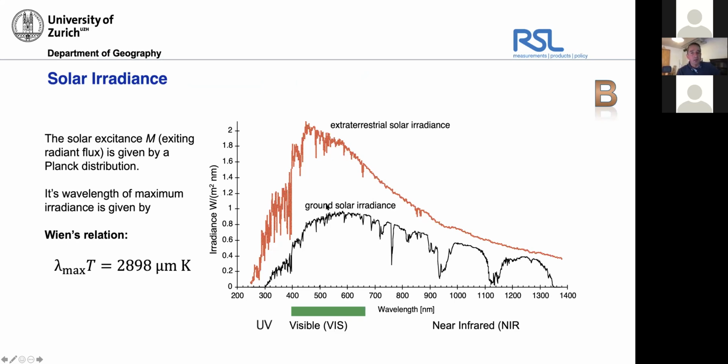What else do we have? Here's the solar irradiance, the extraterrestrial curve at the top and on the ground. In between, something happens. For instance, you get some absorption by gases, like water vapor, which absorbs at 900, 1130, and further up.